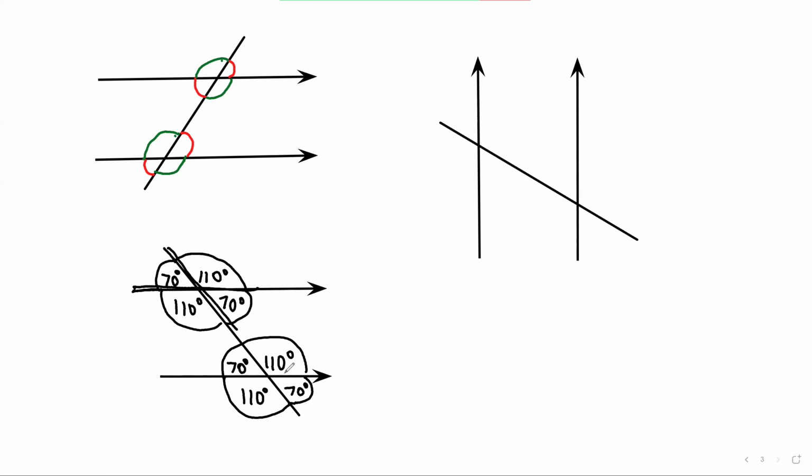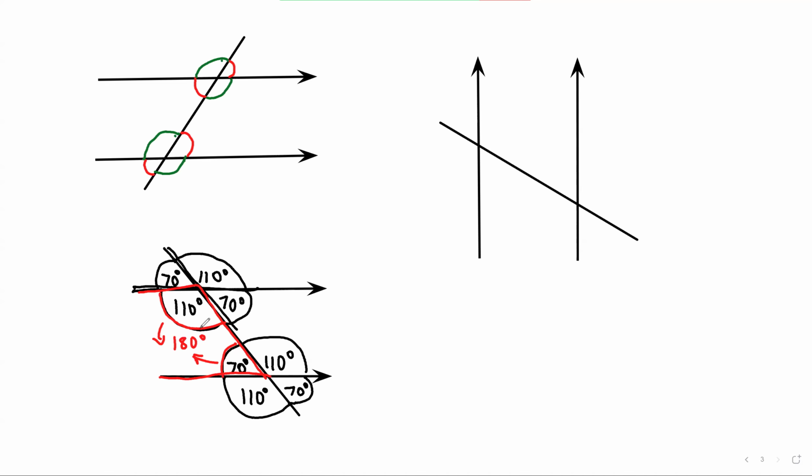So if you notice, girls, these two interior angles, this one over here and this one, sorry, here, they also add up to 180 degrees, right? 110 plus 70. These two will add up to be 180 degrees.